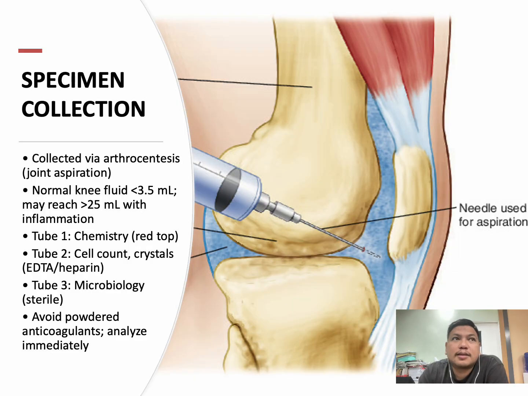So in cases of infection, or abnormal pain caused by infection in the joints, we often collect samples of our synovial fluid in order to determine the cause of the infection or the cause of the joint pain.